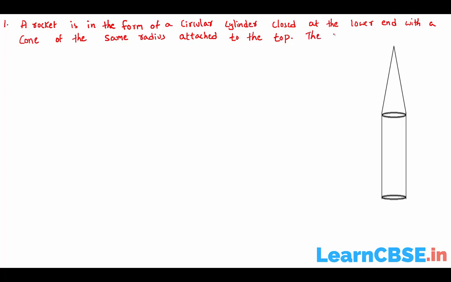The cylinder is of radius 2.5 meters and height 21 meters, and the cone has slant height 8 meters.